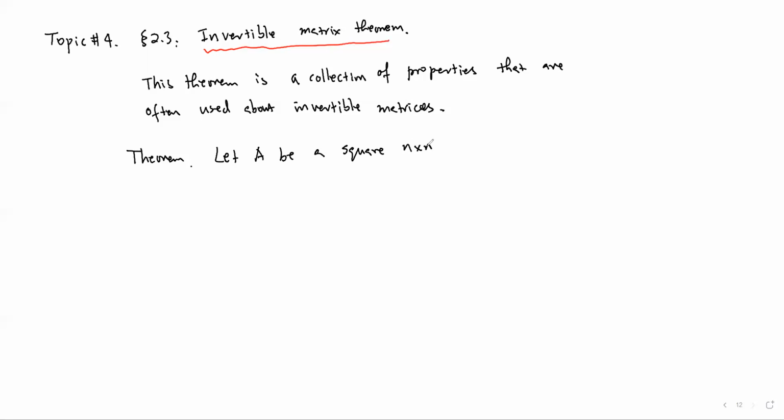The size is n by n. Then the following statements are equivalent.